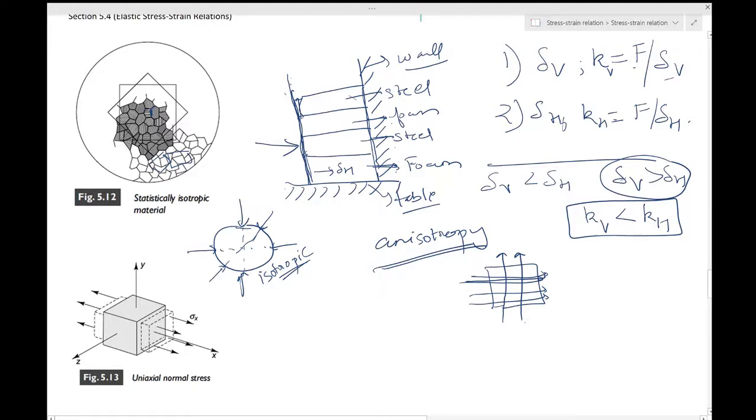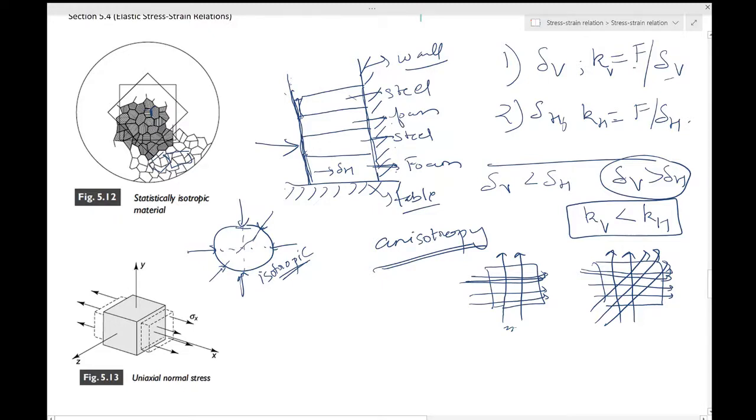So this becomes anisotropic in electrical conductivity. Look at the optical properties also. Maybe there is a material which allows light to pass freely in this direction, so the intensity does not change a lot, but if you pass the light in this direction or this direction, the intensity reduces drastically. So this is anisotropic in the optical property of a material.